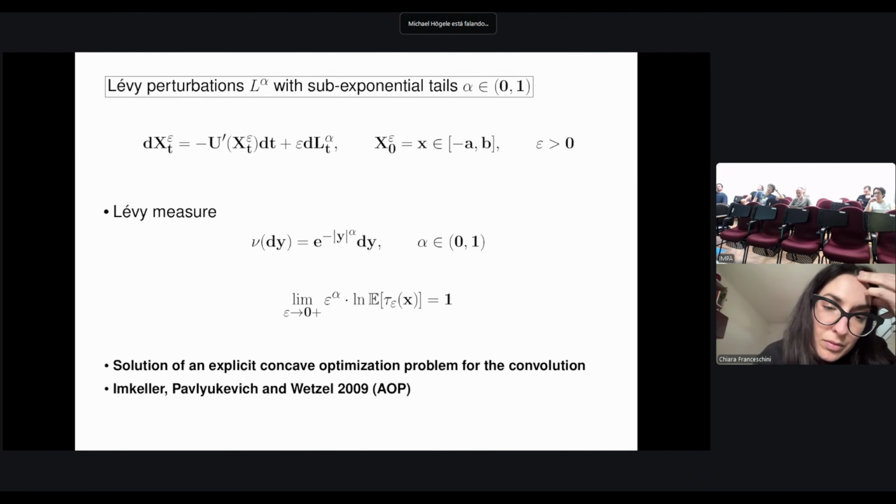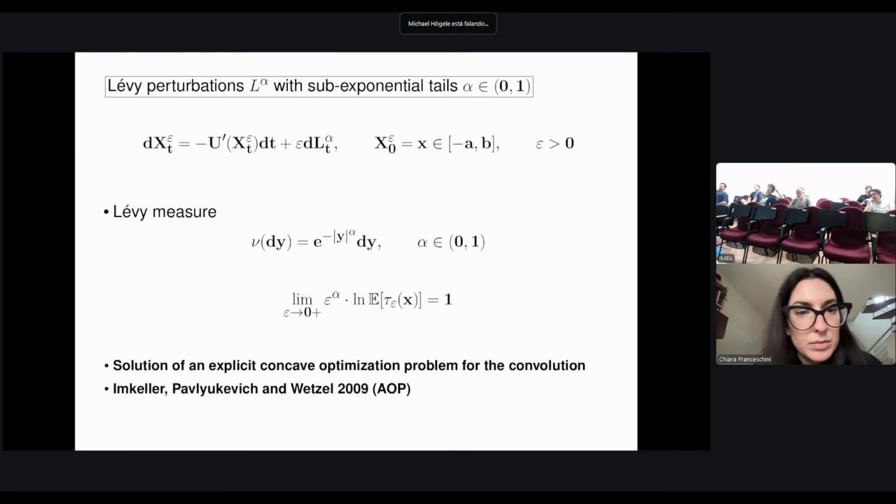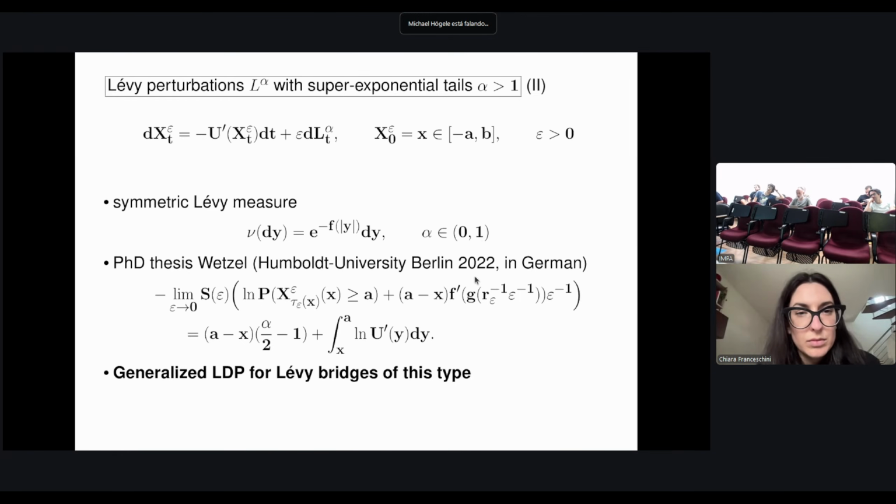Thorsten wrote this, and this was his diploma thesis. So this is quite remarkable from my point of view. And some years later he handed in his PhD thesis, in 2022.